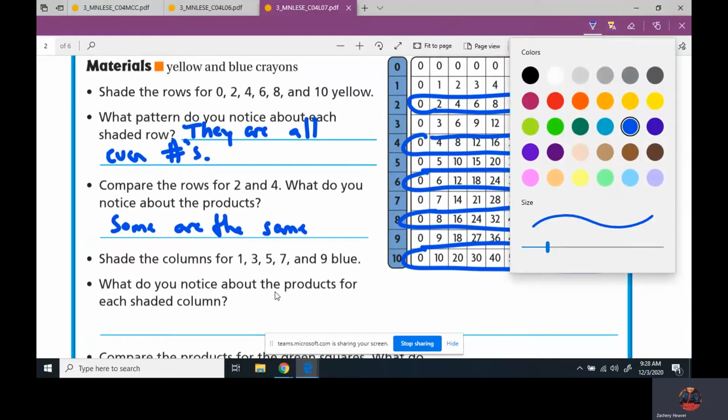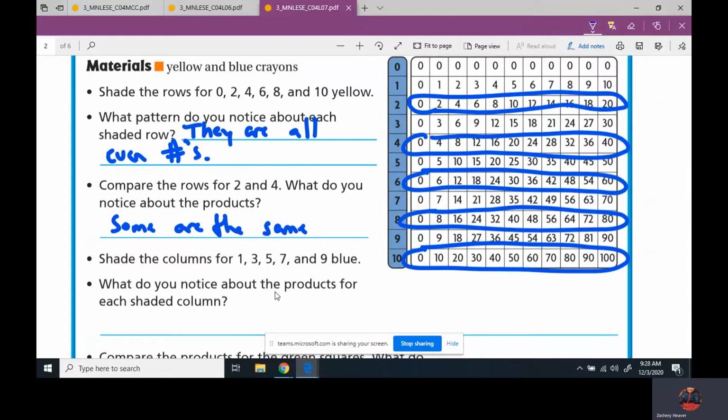Well, I should have done it blue. Let me do it purple. I should have done the other one yellow. So 1, 3, 5, 7, and 9. What do we notice about the products for this shaded item?